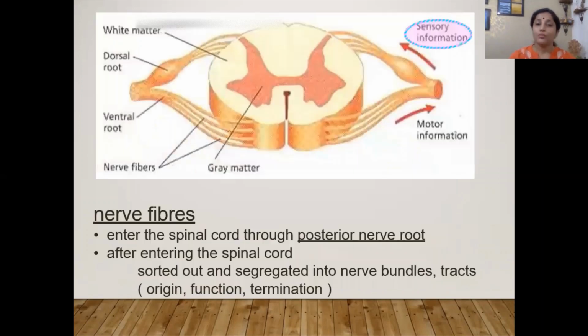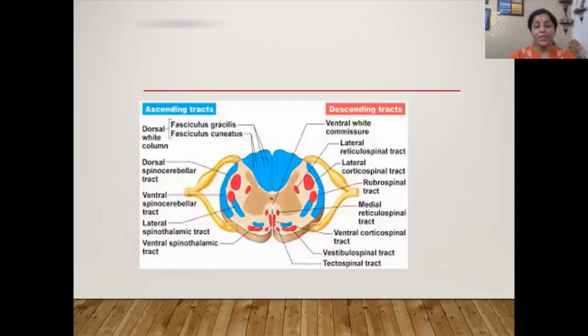Okay, so moving further, we see that from the posterior nerve root, the point where the first order neuron enters the spinal cord, it enters and gets separated into tracts and nerve bundles. Now, if we see a detailed section of the spinal cord, we can very well identify that there is a set of ascending tracts and a set of descending tracts.